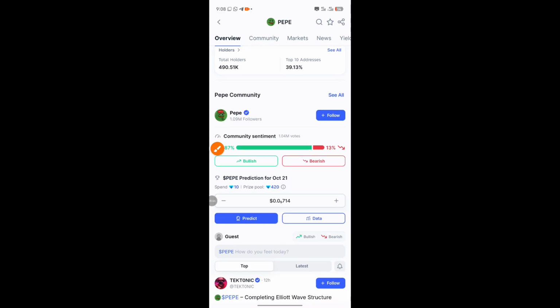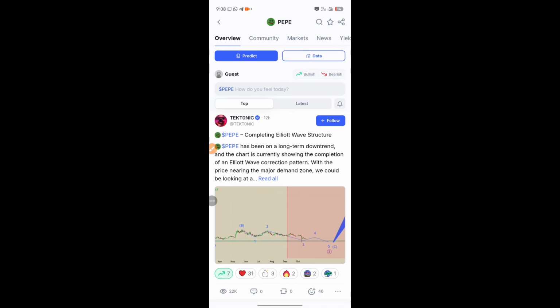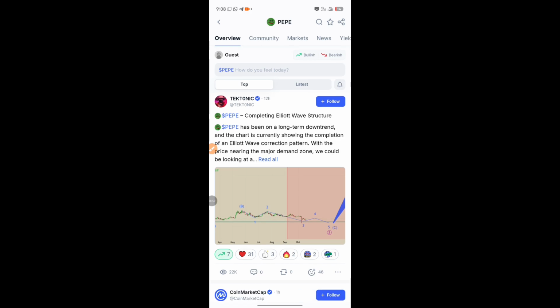All right, so looking at all of this, you realize that yes, you have gathered a lot of information that will now allow you to buy a particular cryptocurrency coin and make a huge rational profit for yourself. Let's look at what some of those newscasters and posters on CoinMarketCap are saying: it is completing an Elliott wave structure.